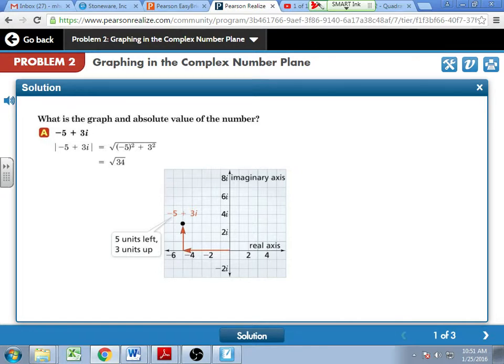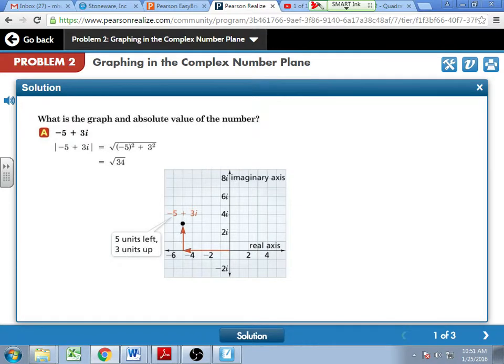My real axis is what used to be the x-axis. My imaginary axis is what used to be the y-axis. And notice, it's labeled with i values. So each box changing vertically is a value of i, or each box is really representative of the radical -1. But we don't want to write that, that's really annoying. So we just write the i's.